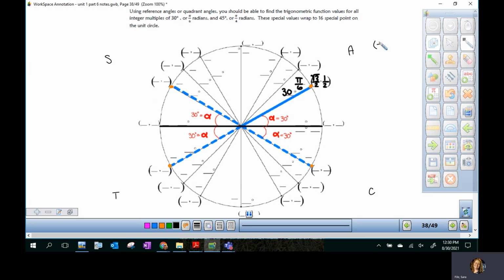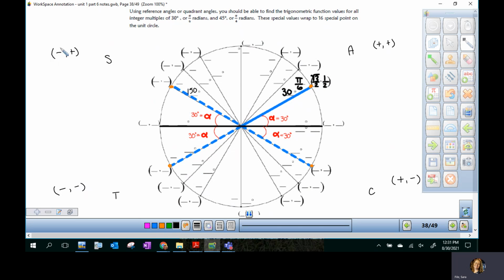Remember, this is positive, positive. This is negative, positive, negative, negative, and positive, negative. So at every 30-degree reference angle, so if I'm 30 degrees from the x-axis in quadrant 2, I'm at 150 degrees, right? So at the 150-degree angle, the ordered pair is also square root of 3 over 2, 1/2.